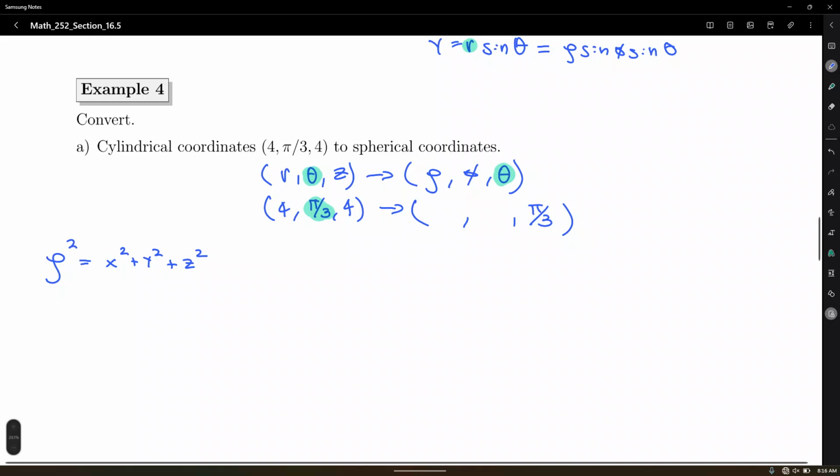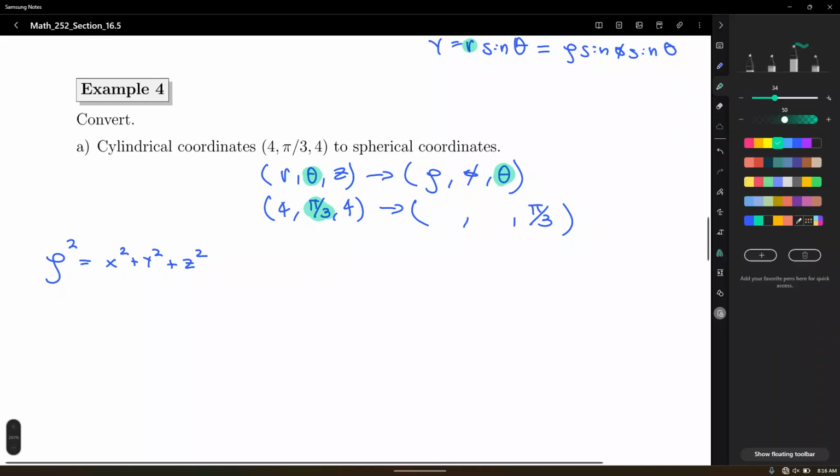How do we go about that? Well, check this out. We know that in cylindrical or in polar, x squared plus y squared, isn't that r squared? Which means rho squared equals r squared plus z squared.